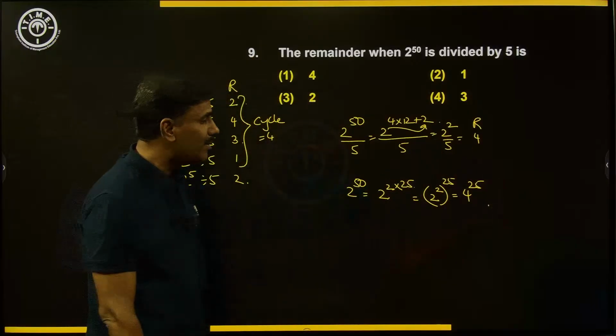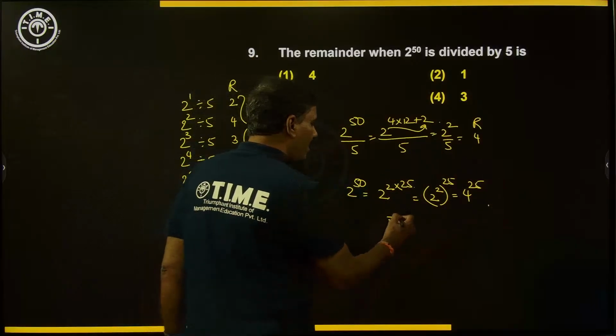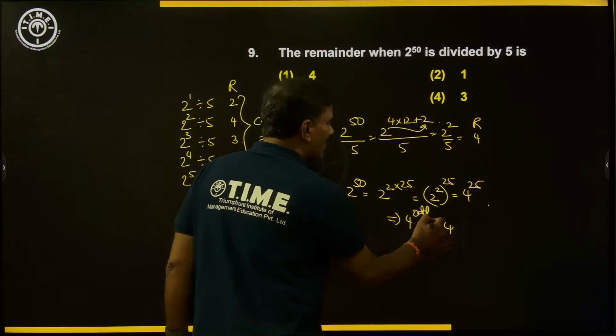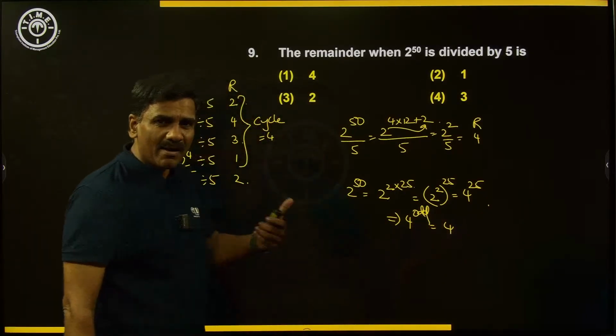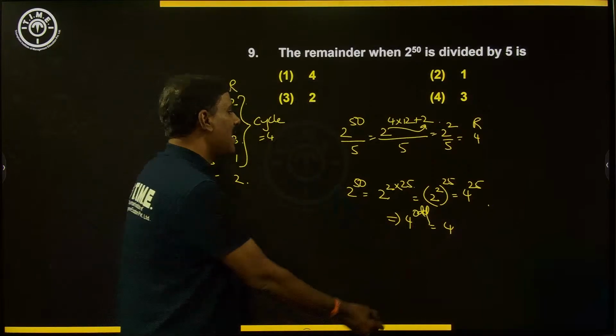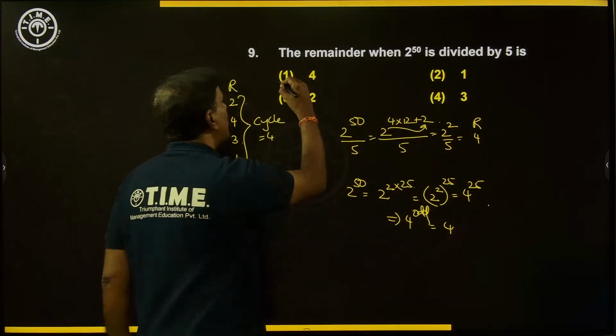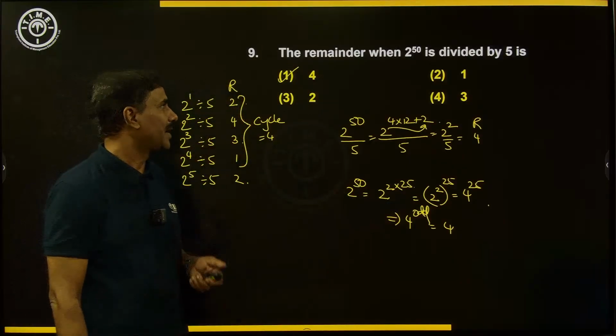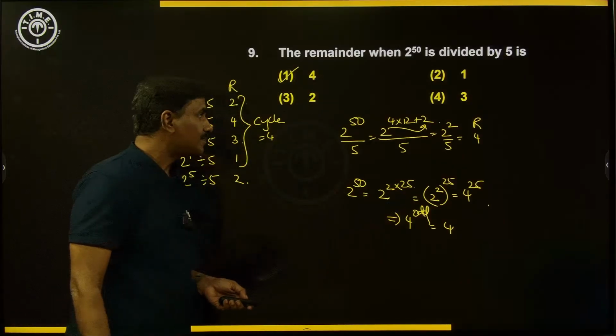And 4 raised to any odd power will always end with 4 only. And any number ending with 4, if we divide by 5, remainder will be 4 itself. So directly we can say, answer for this question should be choice 4. Using that logic, it is much easier. Let's move on to the next question.